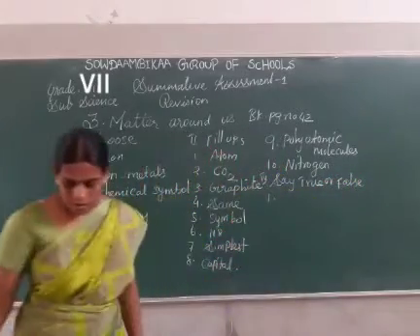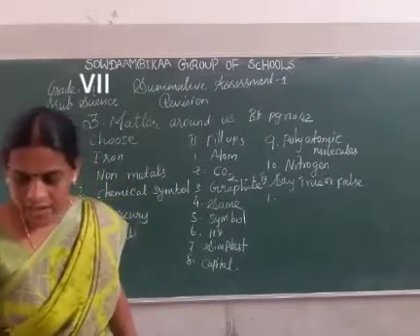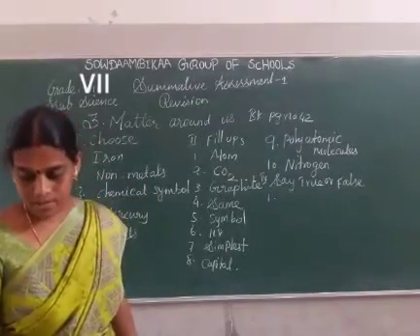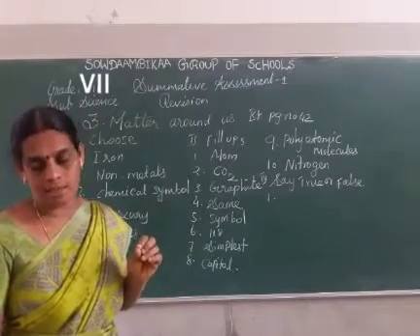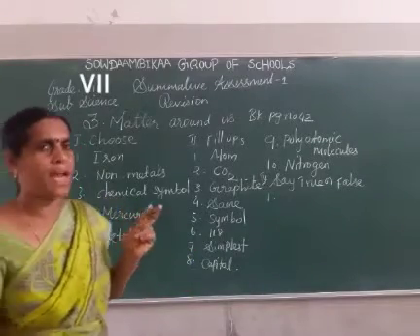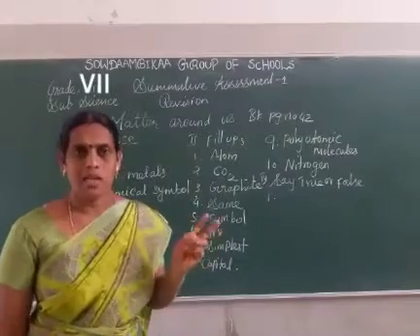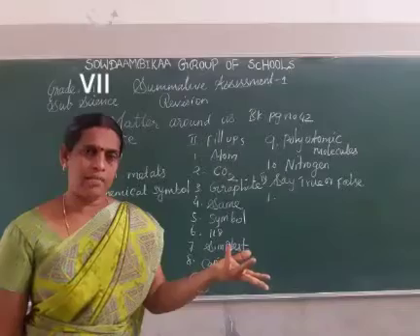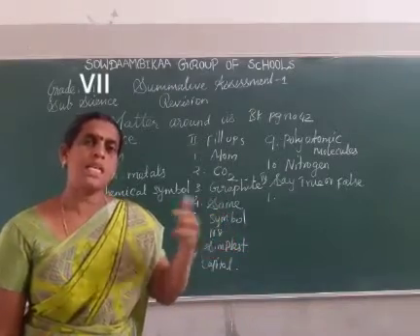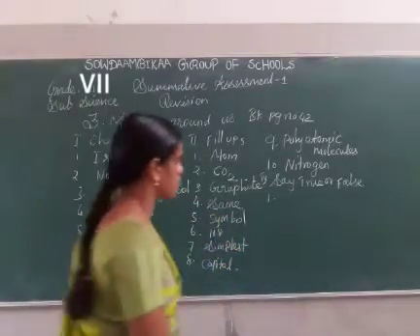First one. Two different elements have similar atoms. Okay, two different elements, hydrogen and oxygen. Hydrogen means they have hydrogen atoms only. Oxygen means they have oxygen atoms. Yes, true.